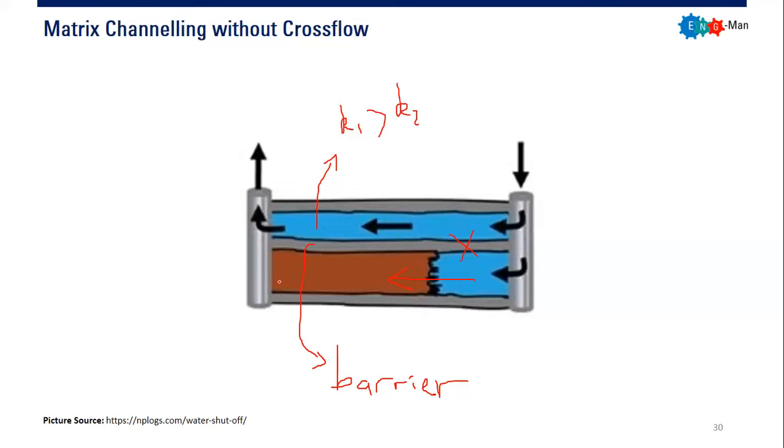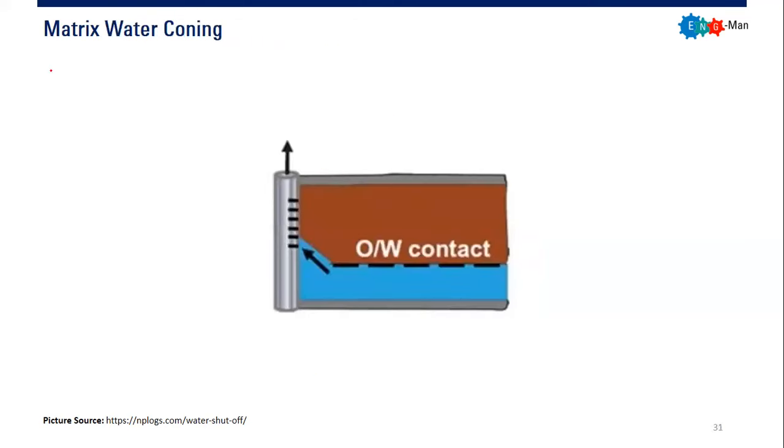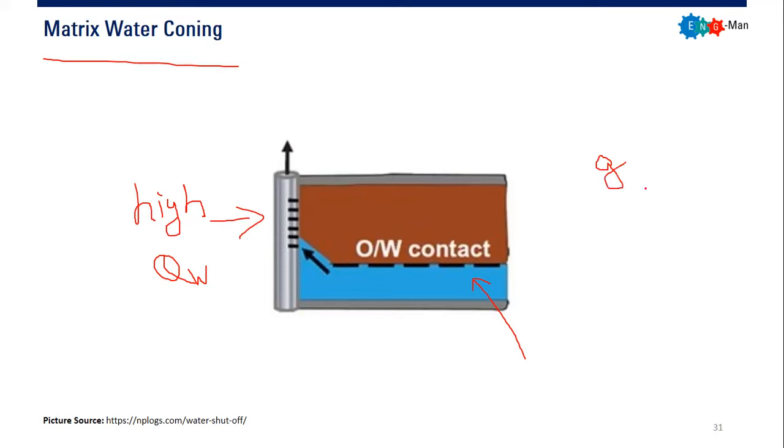Okay, and the fifth is actually matrix water coning. For example, if you have bottom water or an aquifer, a bottom aquifer, and you produce at a high flow rate, there will first be a balance between the gravity force and the viscous force.